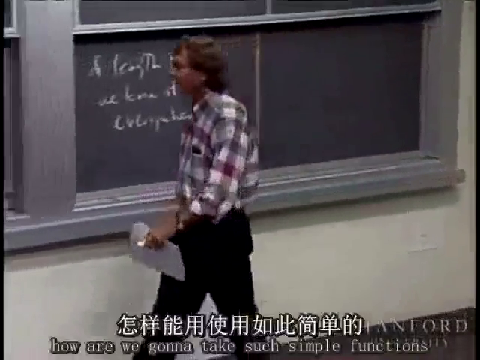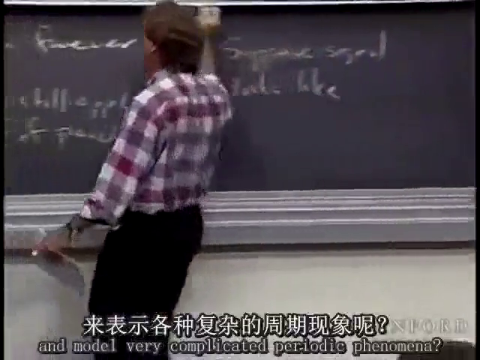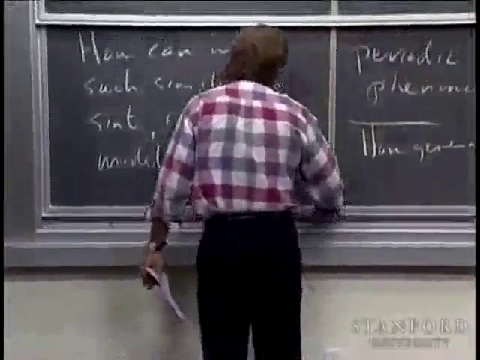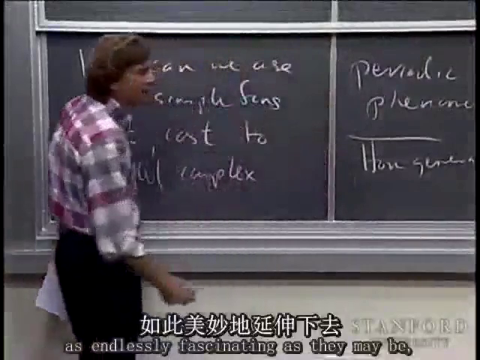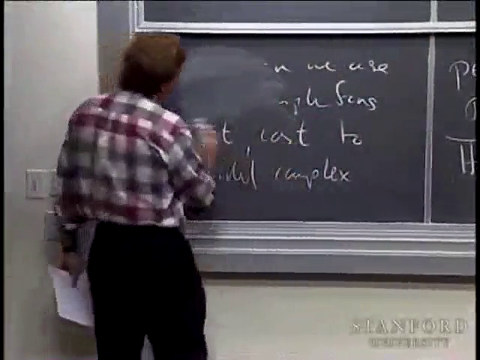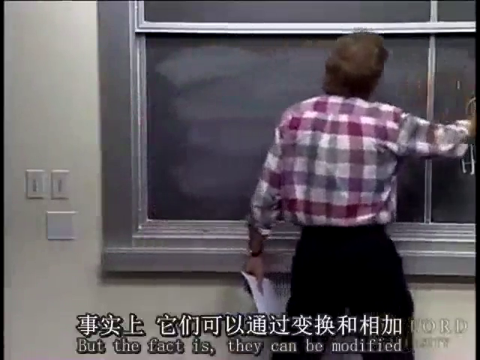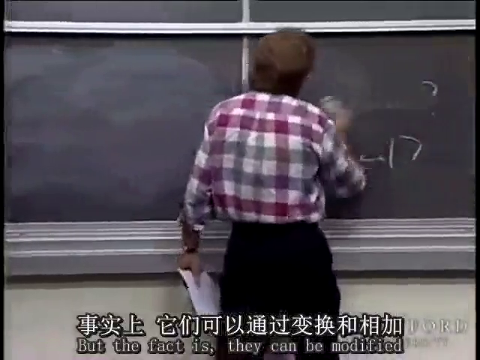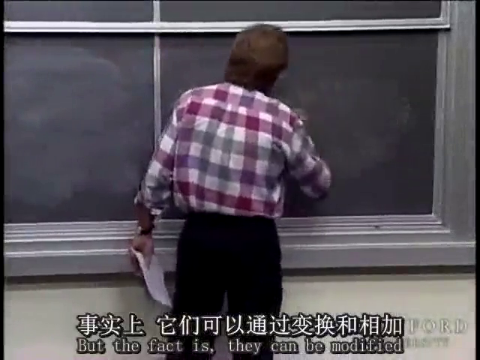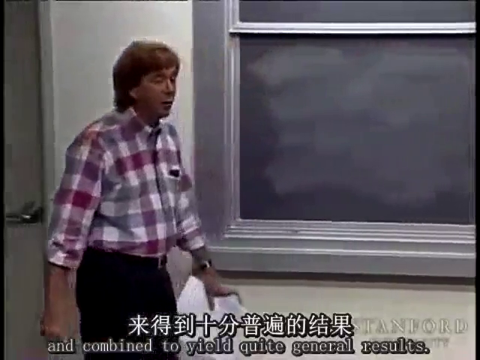Now, how are we going to take such simple functions as sine and cosine individually and model very complicated periodic phenomena? That is, the sine and the cosine, as endlessly fascinating as they may be, are just the sine and the cosine. But the fact is, they can be modified and combined to yield quite general results.